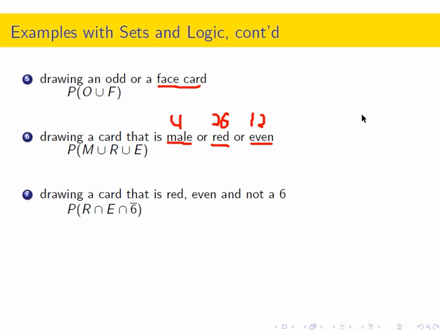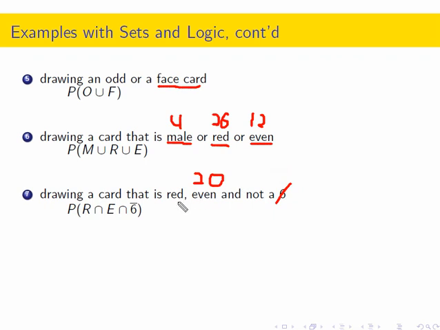What's the probability that we draw a card that is red and it's even and it's not a 6? Okay, red and even and not a 6. So we can go through the same way and start counting up these sets. So if we do even but not a 6, then we're going to have only 5 even cards per suit. So there are going to be 20 even cards if we eliminate the 6, right?